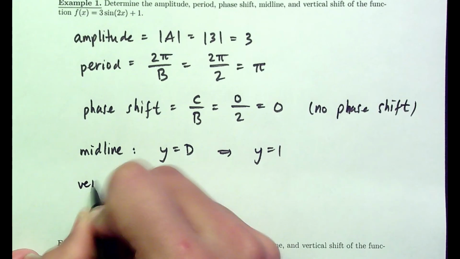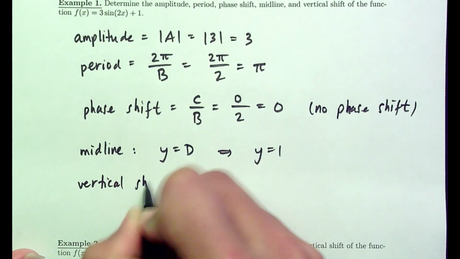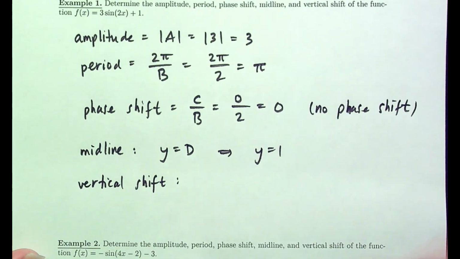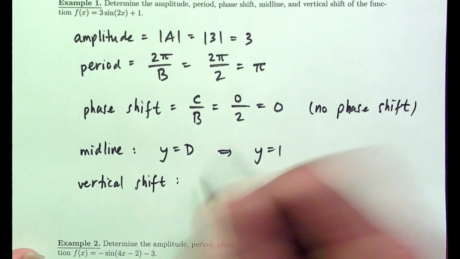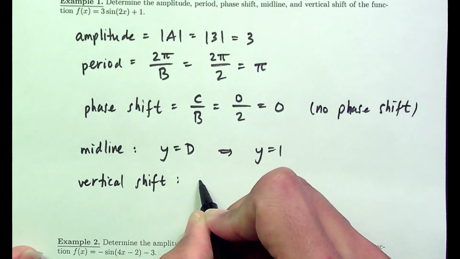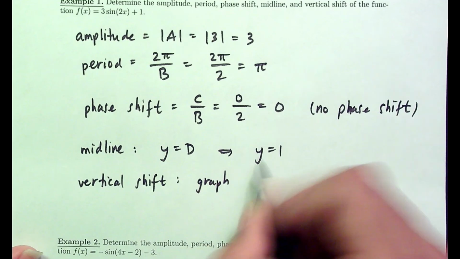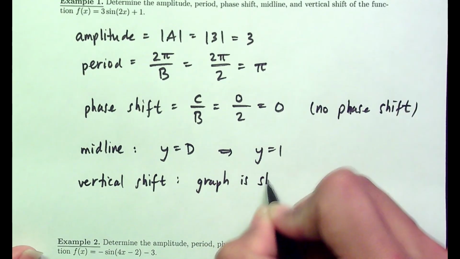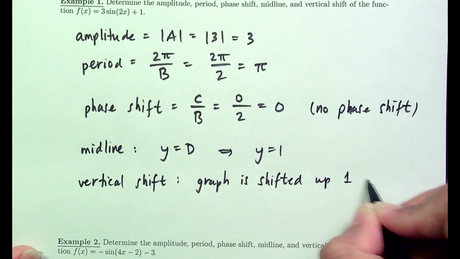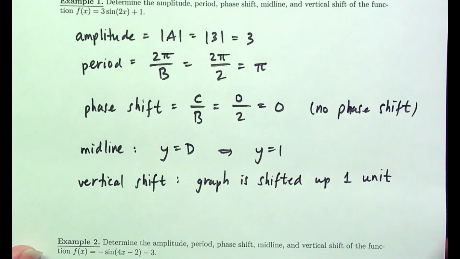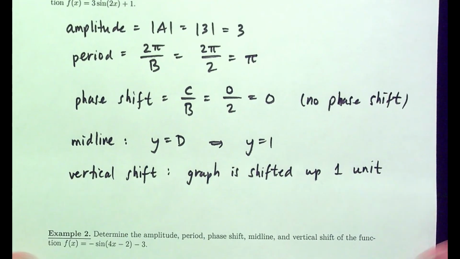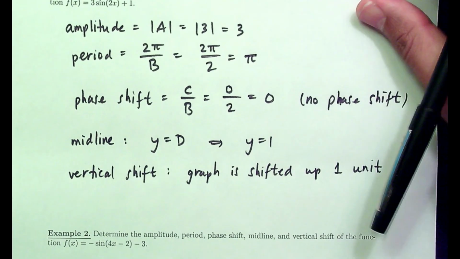The vertical shift is the d as well. Remember, the d serves double duty, but the interpretation is different. So in this case, the graph is shifted up 1 unit. You could say shifted 1 unit upwards. All right, and that's it.